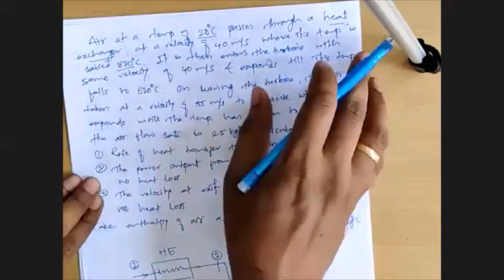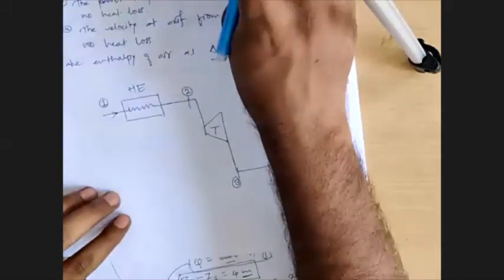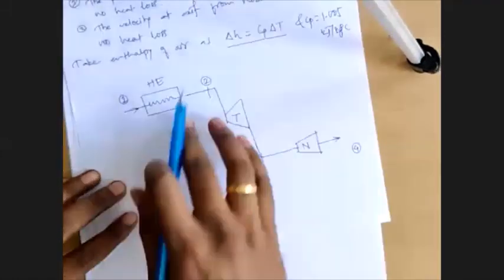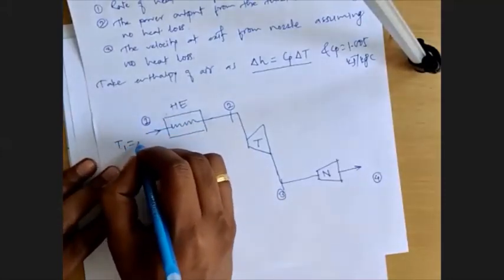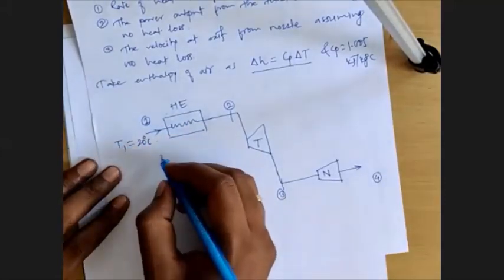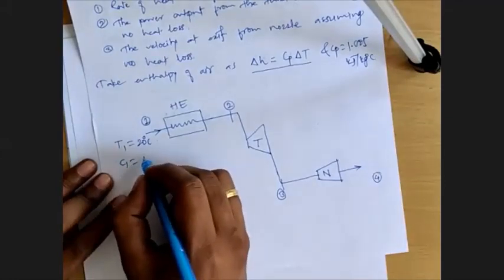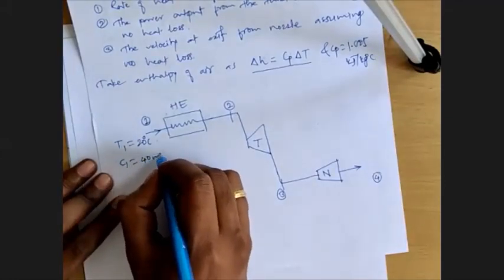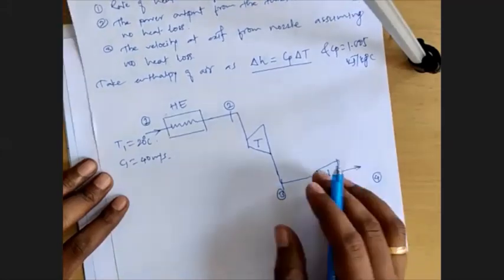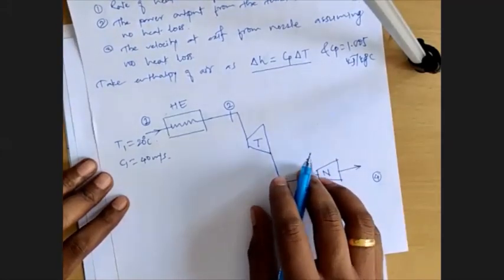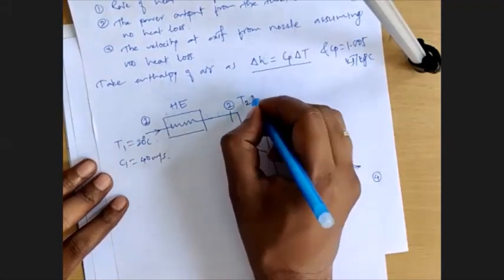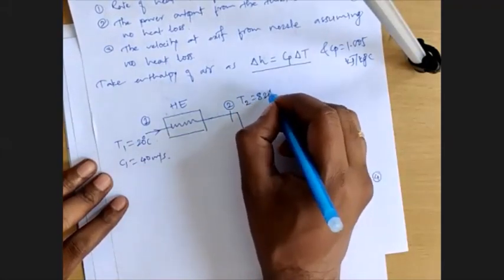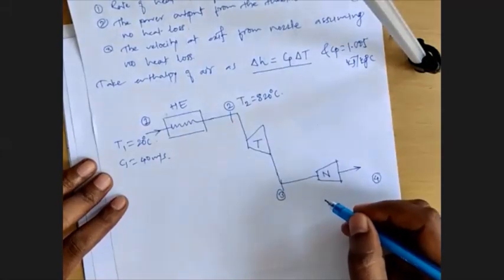So for the heat exchanger, the temperature T1 is 20 degrees Celsius, C1 is 40 meter per second. Those two are the input conditions for the heat exchanger. And at exit, the temperature has become T2 and that is 820 degrees Celsius. Right? Let's read it further.